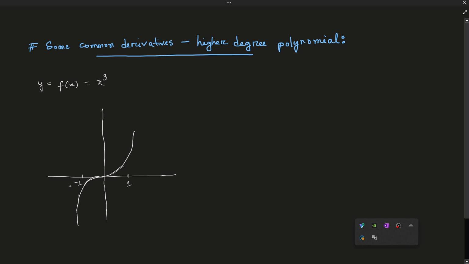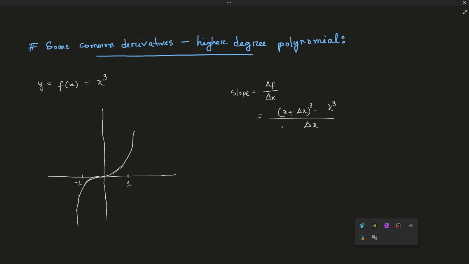So this is the slope of the tangent. Now let's calculate the slope of the second line. Previously we had seen the slope is del f by del x, that is x plus del x whole cube minus x cube, over del x.